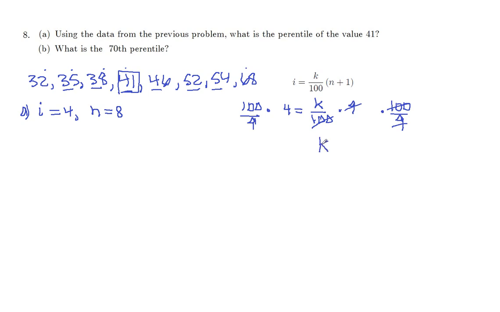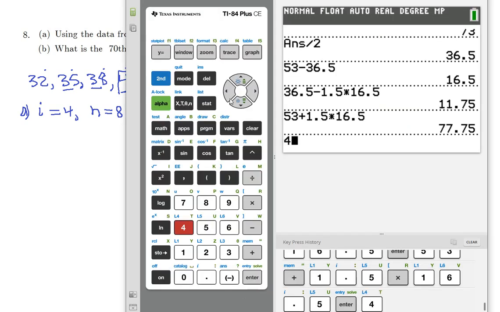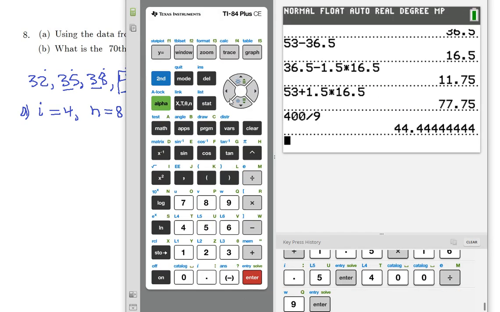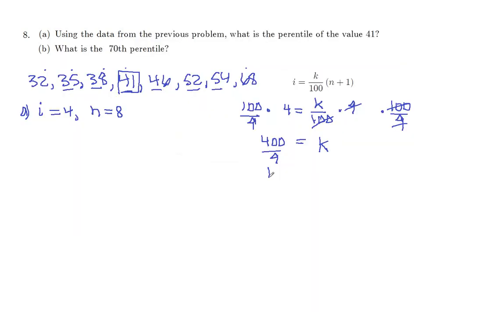All that's left is K. On the left-hand side, we've got 400 divided by 9. And let's compute that real quick. So 400 divided by 9, 44.4. So our K is equal to 44.4. So it's approximately the 44th percentile, between the 44th and the 45th, but closer to the 44th.